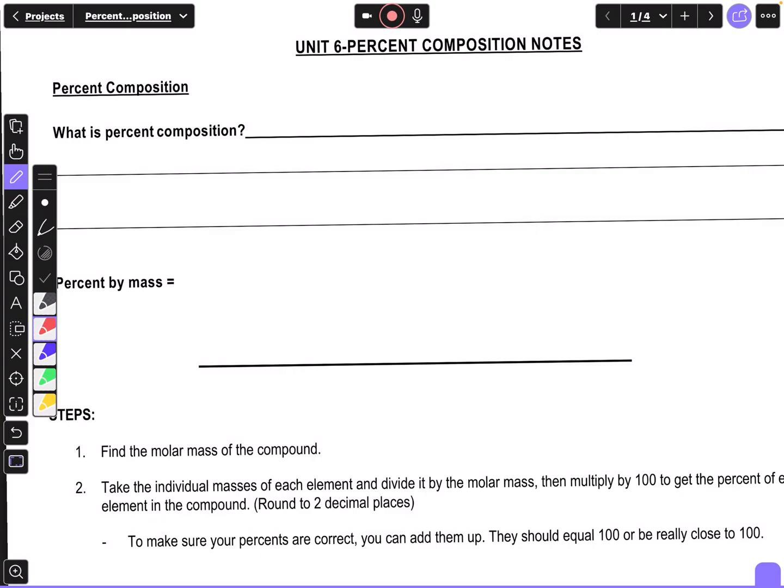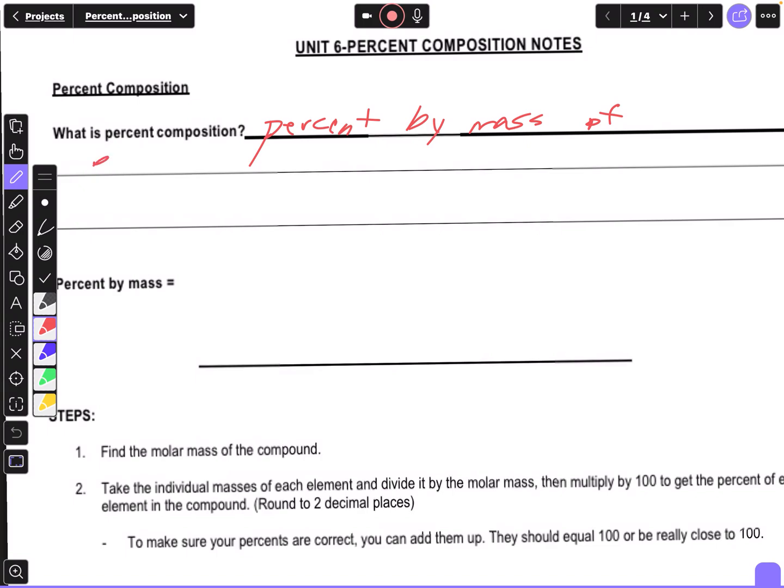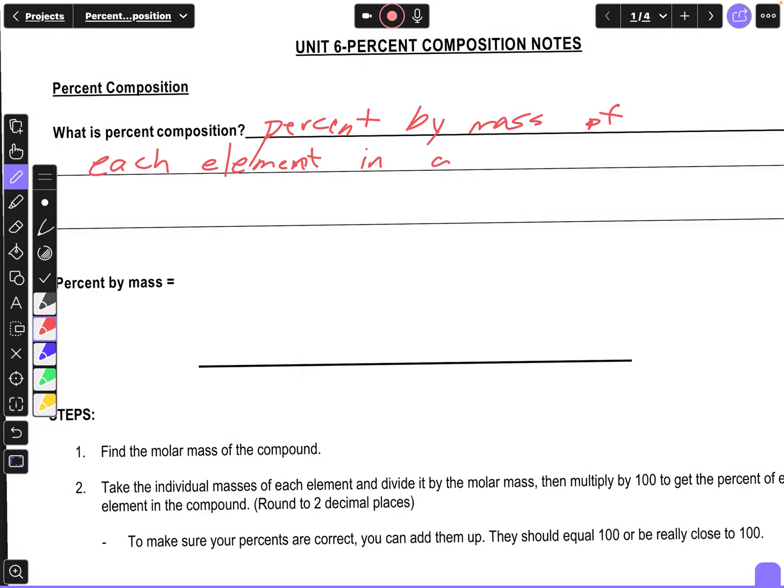And so percent composition, the definition would be the percent by mass of each element in a compound.